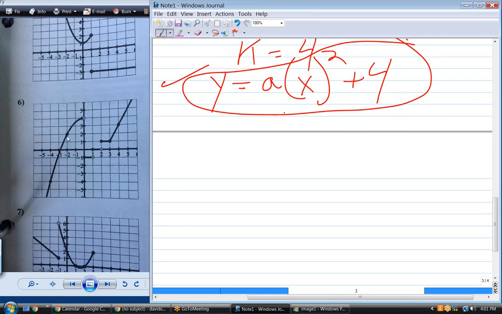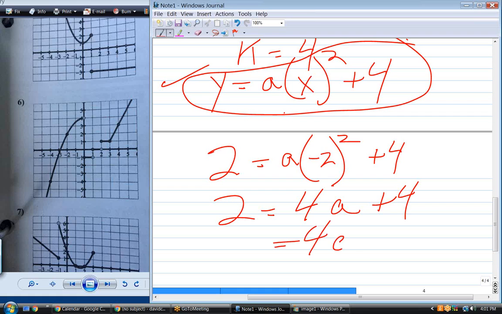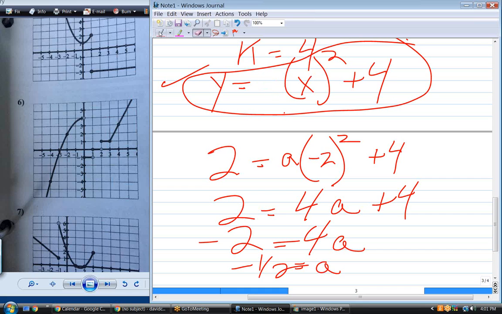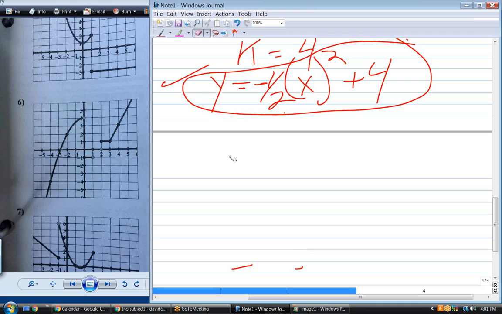Y is 2 when x is minus 2, so 2 equals 4a plus 4. 4a equals minus 2. A equals minus 1/2. So I know what a is, and what I have circled there is the function that we see.